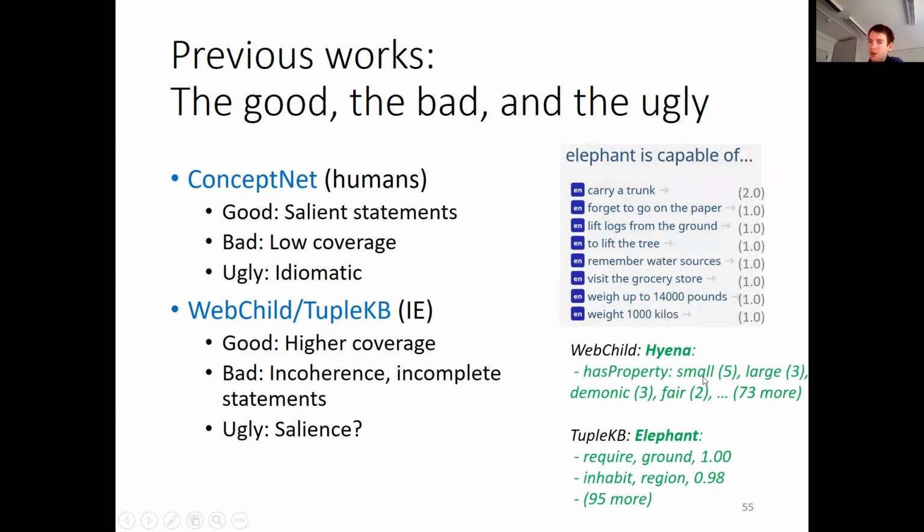But now what is true? Are hyenas small or are they large? That's somewhat contradictory. And Tuple KB has generally good statements, but some are somewhat incomplete. So elephants require ground. Okay, what kind of ground? What for? Inhabit region. What kind of region? And Quasimodo tries to address these aspects.